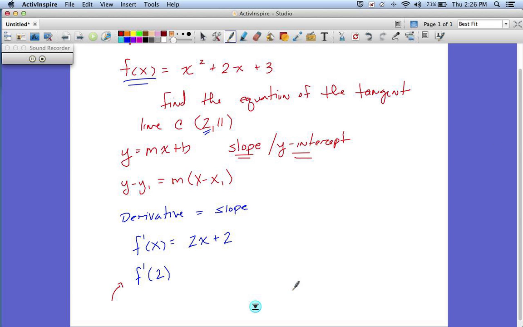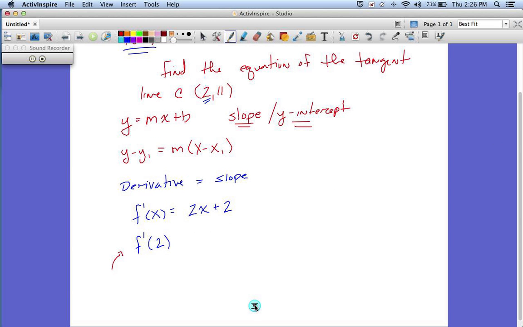Okay, so let's just scroll down here a little bit more. This is the slope at 2. The slope of f of x when x equals 2.